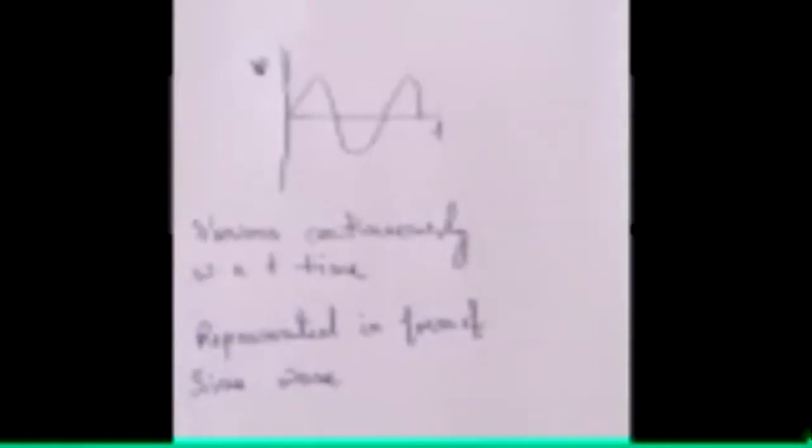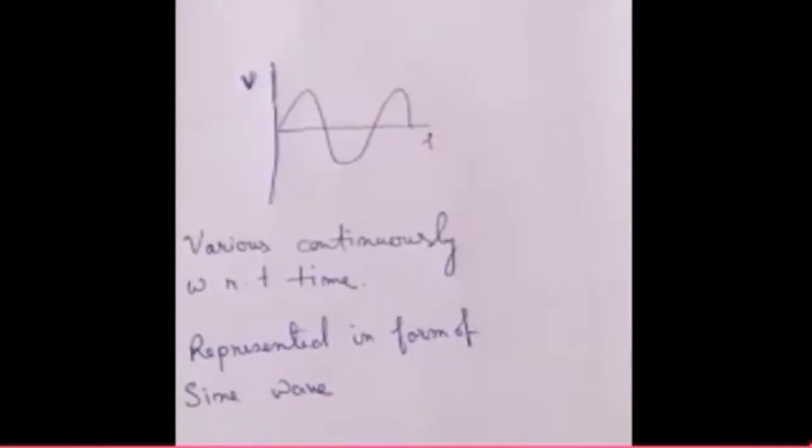We are talking about analog signal. Basically here we discuss two types of signal. One is digital signal and one is the analog signal. So analog signal means what? It is a signal which varies continuously with time.